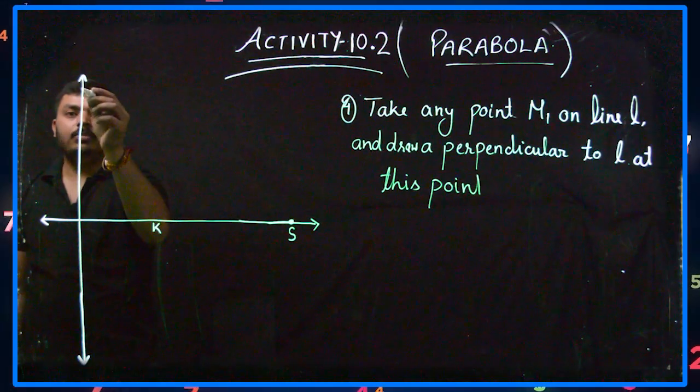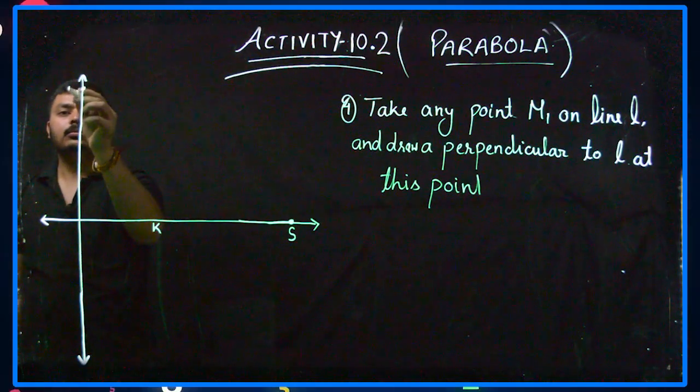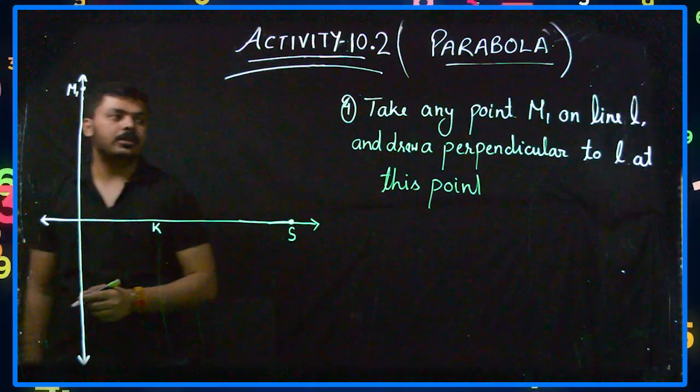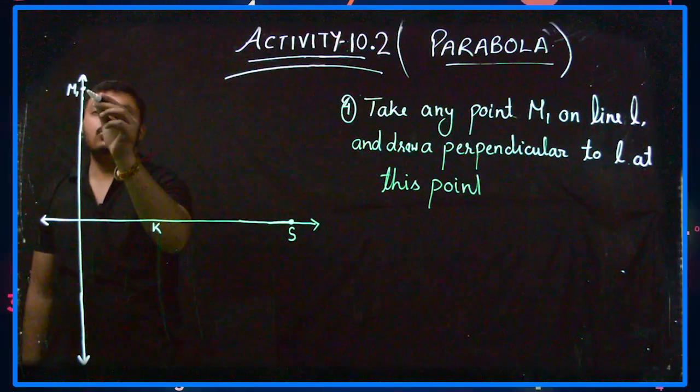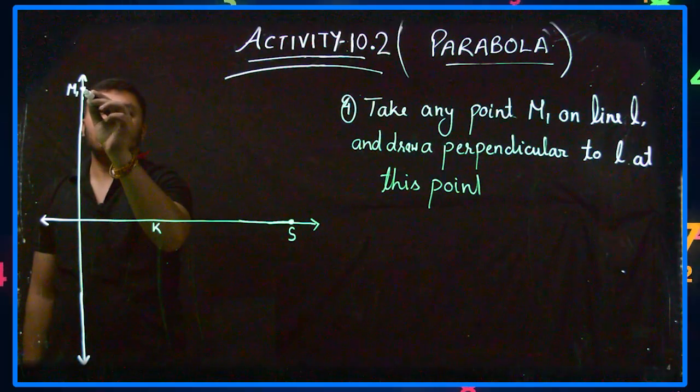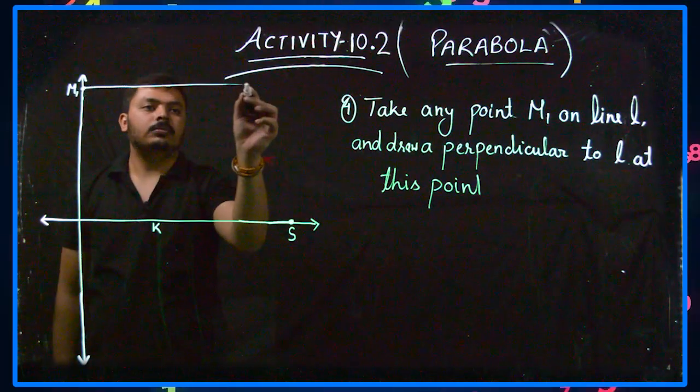So let's take a point M1 on line L, and draw a perpendicular to L at this point.